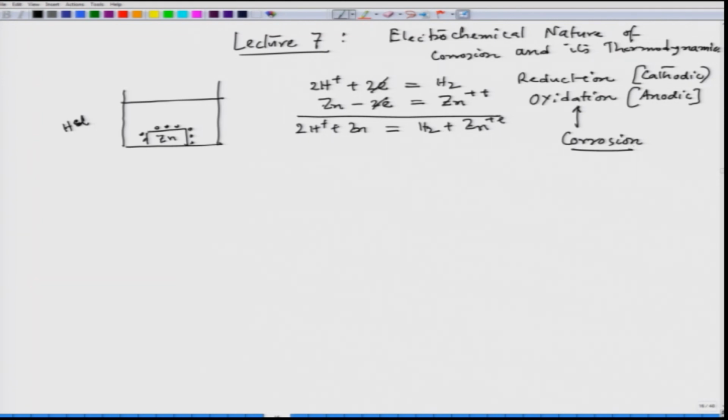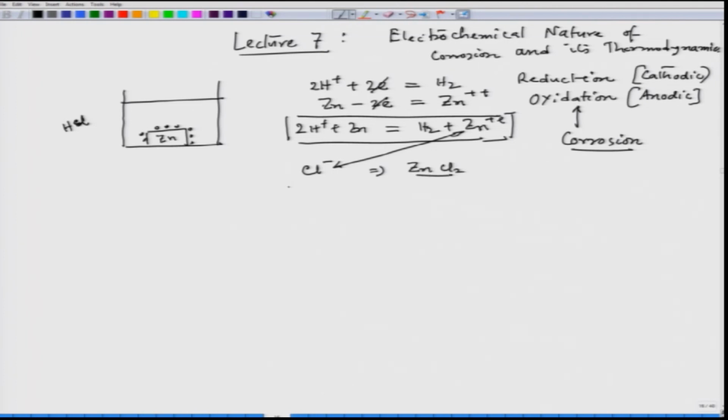Now, in this case, interestingly, this is the complete reaction. Or if we consider another species present in the solution, which is the chloride ion, that chloride ion will react with Zn2+, so it will form zinc chloride.